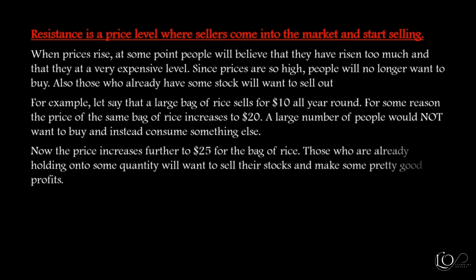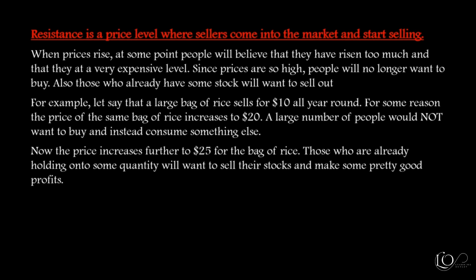So let's say we'll just make this a little more interesting. The price goes up even further up to $25 a bag. So people who are holding on to large stocks will just say this is an unbelievable price level. We've been buying for much lower. We've been selling for $10 all year round, and now the price is at 25. That's like 150% profit.